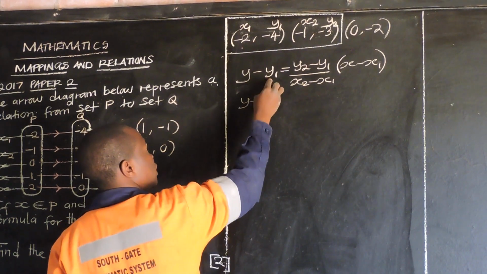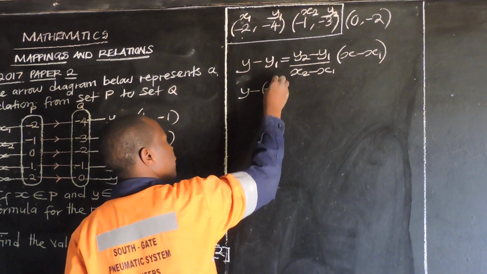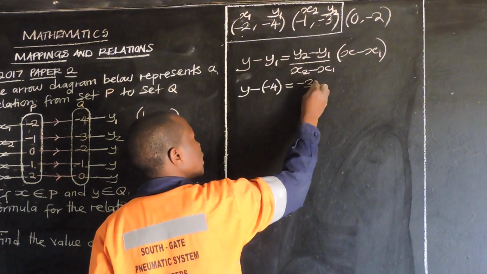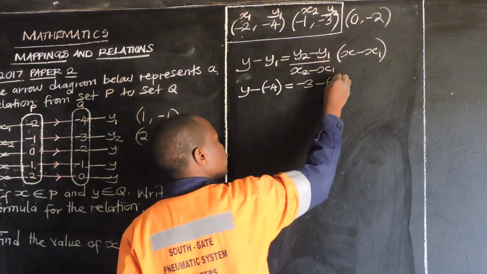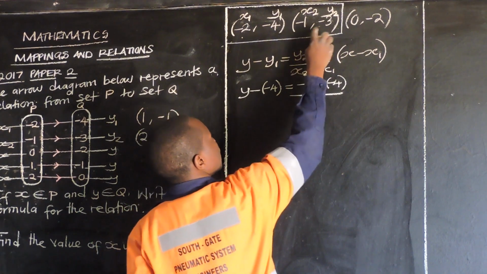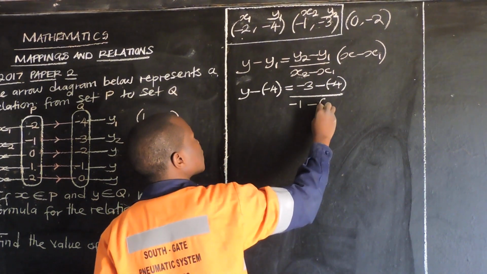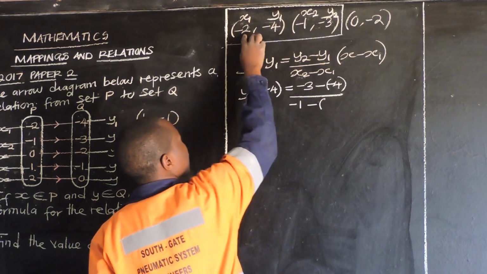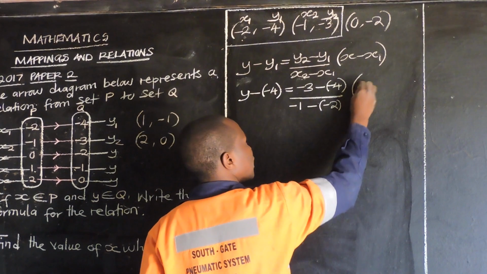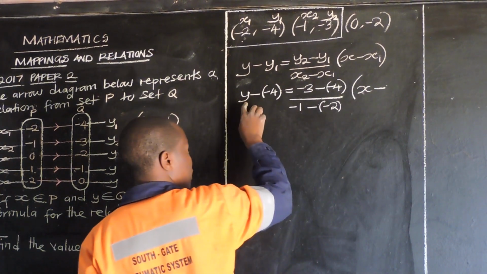Y minus, what is Y1? Y1 is -4, so we put -4 here. Is equal to Y2 is -3 minus Y1 -4, over X2 is -1, minus X1 -2, okay? Then open brackets X, you maintain this X, it is part of the formula, inclusive this Y.